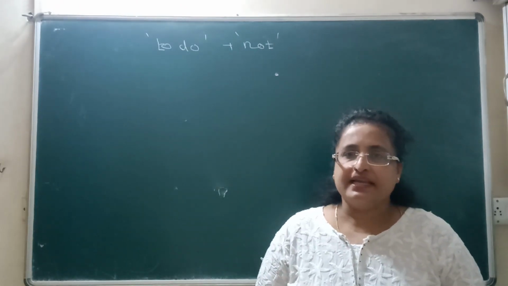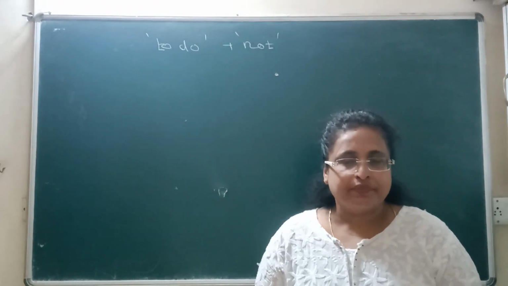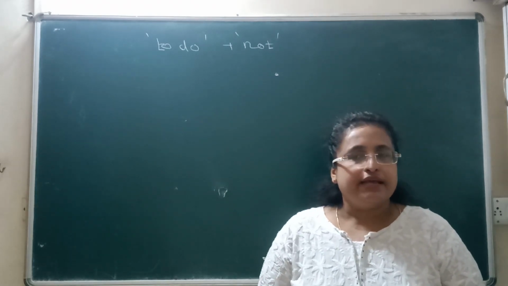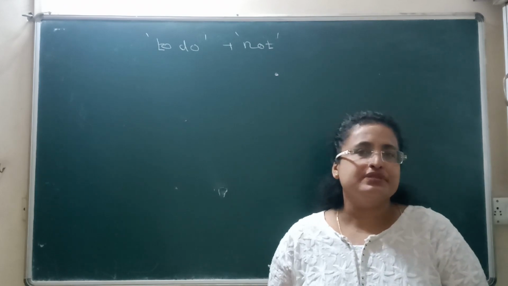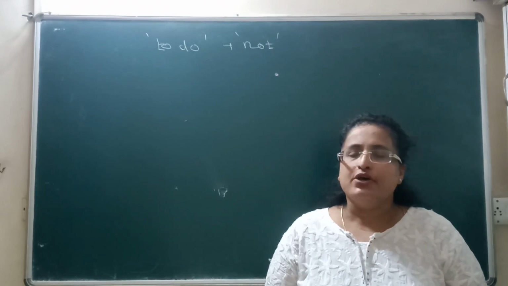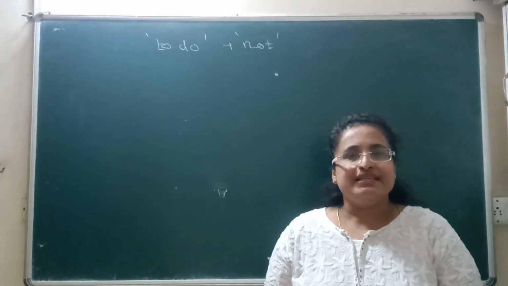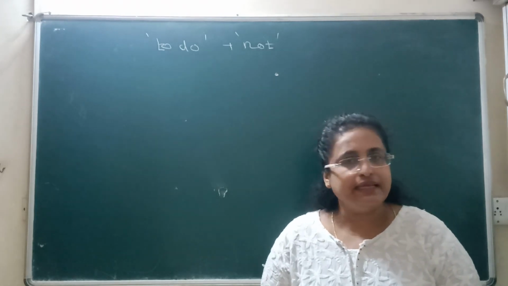Same sentence with negation: she is not coming there. Similarly, they were watching a movie. The same sentence in negation using not: they were not watching a movie. So basically, whenever you are using not, it should be placed after an auxiliary verb.